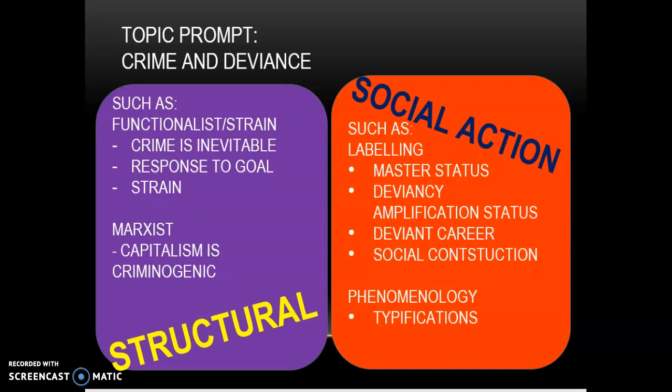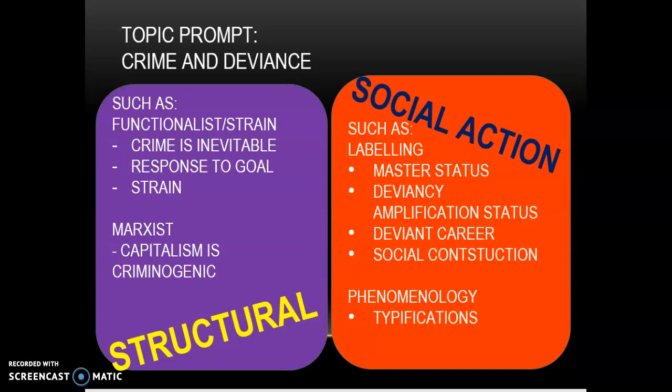Your second compulsory topic is from crime and deviance. So what contributions have structural theorists made? So for example, from our functionalist, they look at crime as being inevitable and the functions of crime that benefit society as a whole, and that some deviance can actually help society function. Or they explain crime as a response to societal goals.